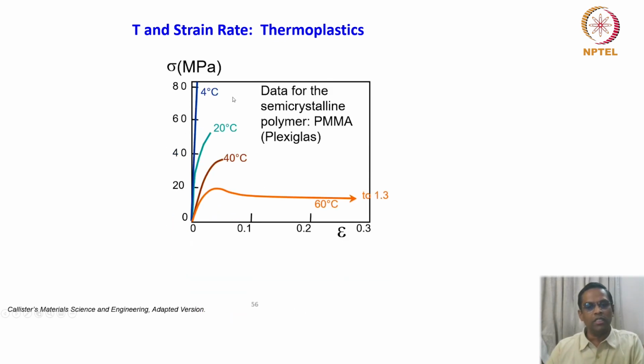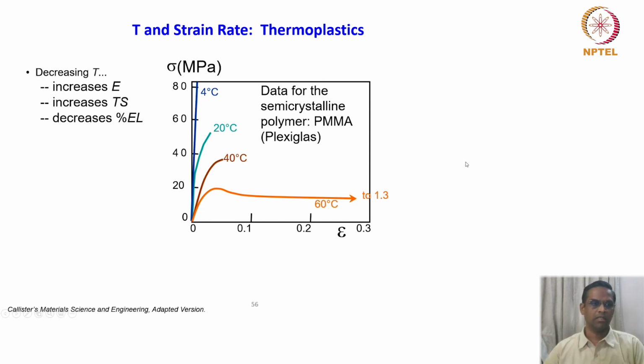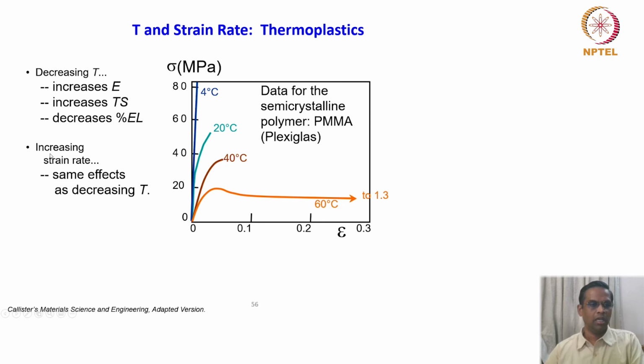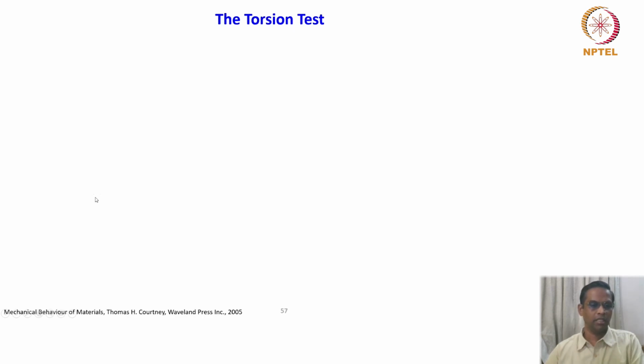Here also you can see that low temperature makes them highly brittle, and relatively high temperatures make them more ductile, similar to metallic materials. Decreasing temperature increases E and tensile strength, and decreases elongation, and increasing strain rate has the same effects as decreasing temperature.